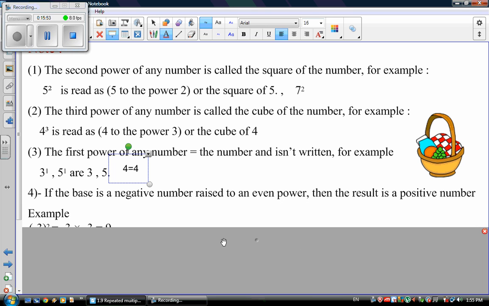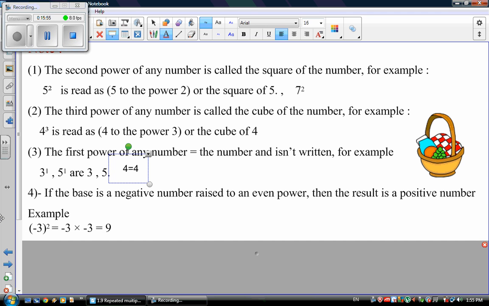Example, negative 3 to the power 2. The base is negative and the power is even, so the result will be a positive number. If we multiply negative 3 by itself 2 times, the answer will be 9. So 9 is sure a positive number.